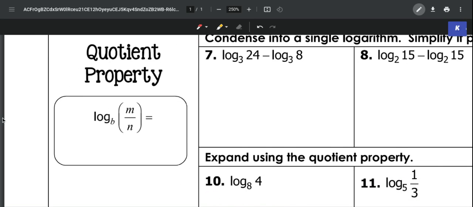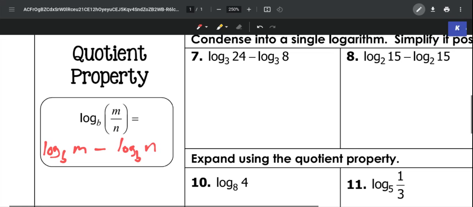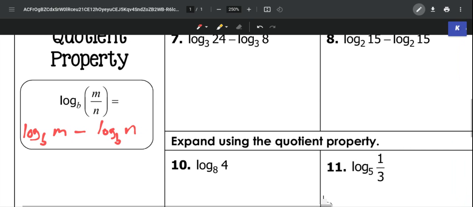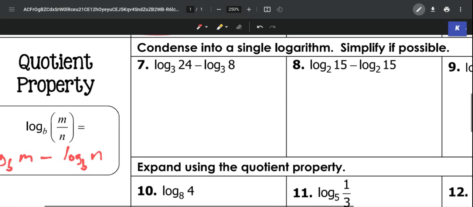The quotient property says that if we have a log base b, or any number, with m divided by n, we can expand that by saying log base b of m minus log base b of n. So it's just the opposite of the product property. Now we're going to have a minus sign in the middle, or we'll have to expand it and end up with a minus sign. So let's look at condensing first.